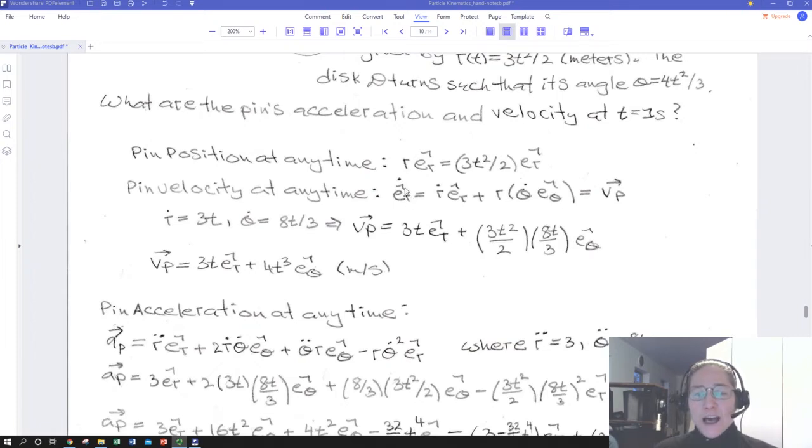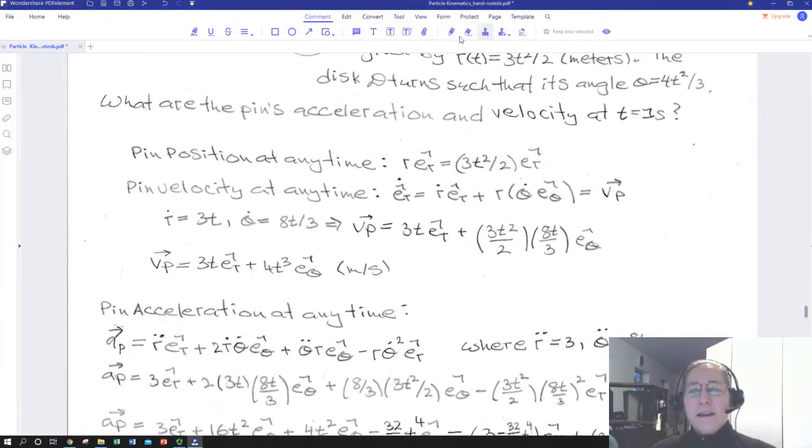We know that our velocity at any time is just the time derivative of this expression. So basically we end up with r dot r hat, using the derivative of a product and then putting in our expression for the time derivative of our r hat.